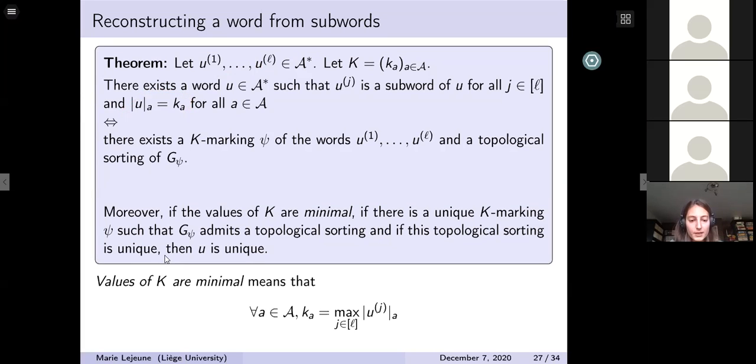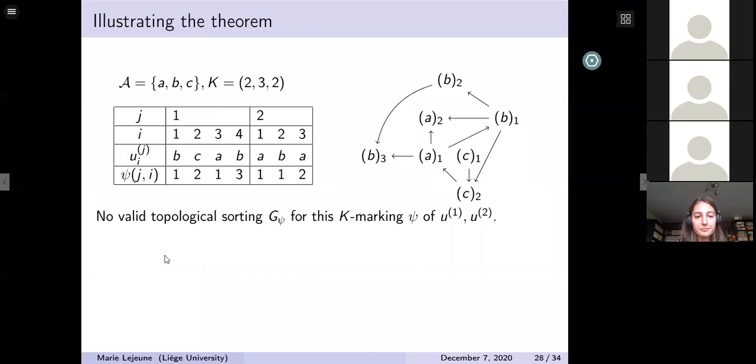If I take the minimal values for K, I can find several K markings, but I have to have only one of them that admits a topological sorting. If that is the case, and if this topological sorting is unique, then the word U is unique. This is a sufficient condition. In fact, it is not exactly necessary, but it will be the case in the remainder of the talk. So let's look at an example to be sure that the theorem is well understood.